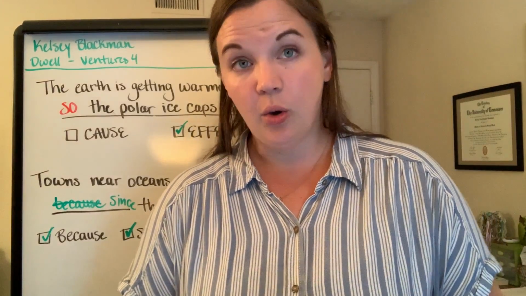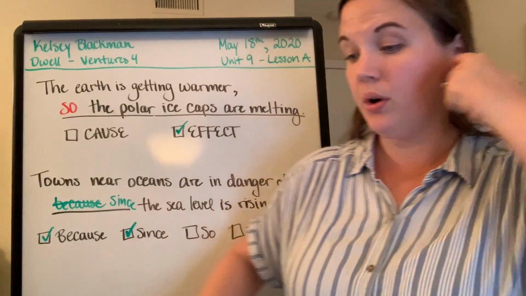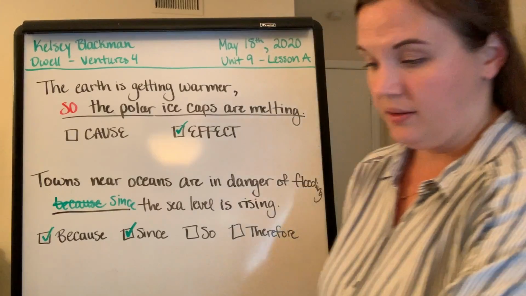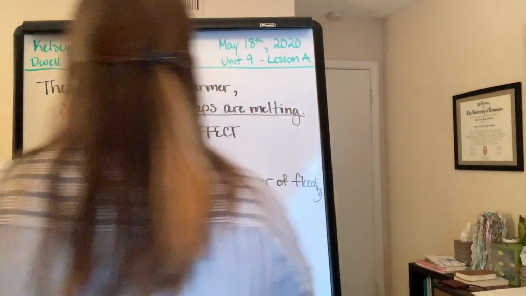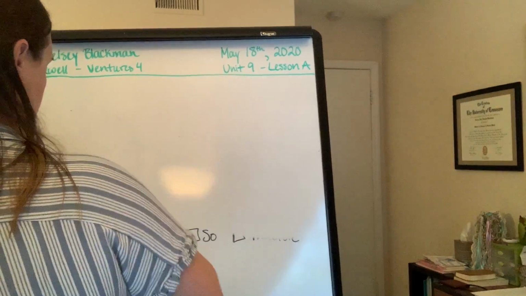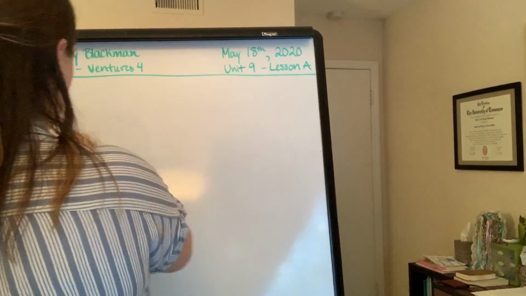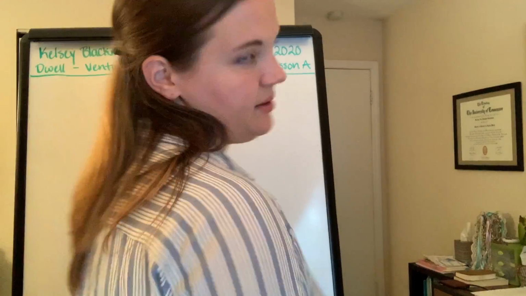So, I hope you were able to finish your practice sentences from page 114. Go ahead and open up to page 114. And let's go over some of these sentences that you did.